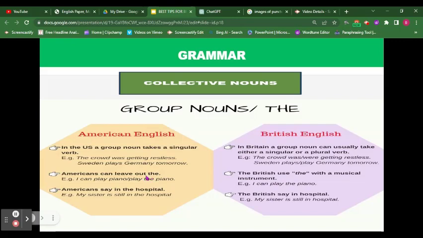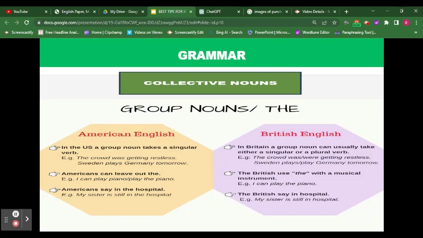Now another area we want to look at is the use of the definite article, the. Americans can leave out the, for example, play piano. On the other hand, American English can also include the definite article.